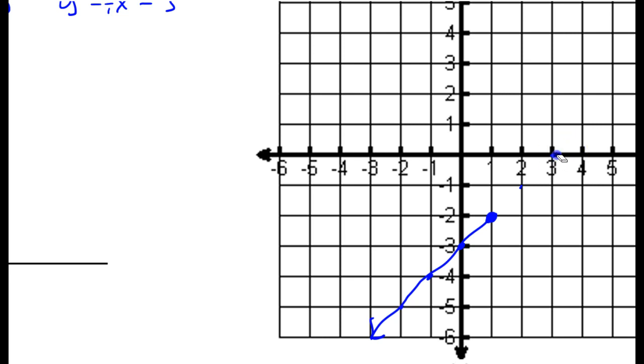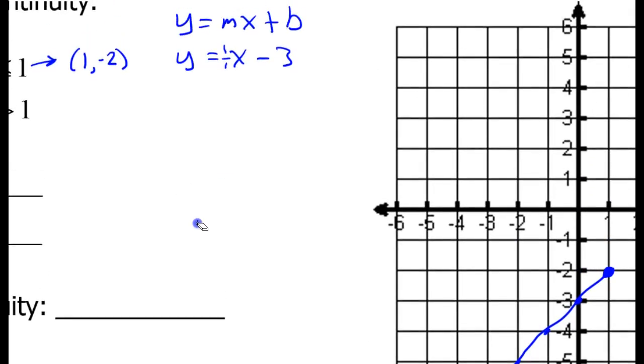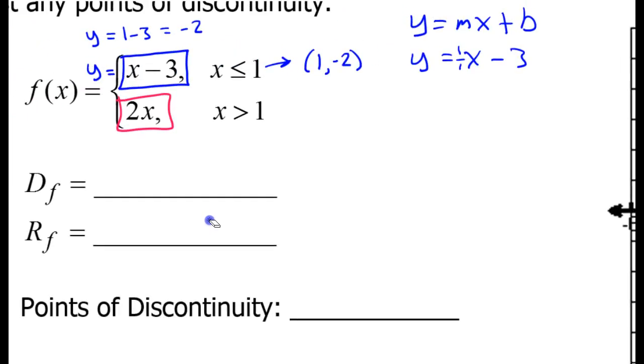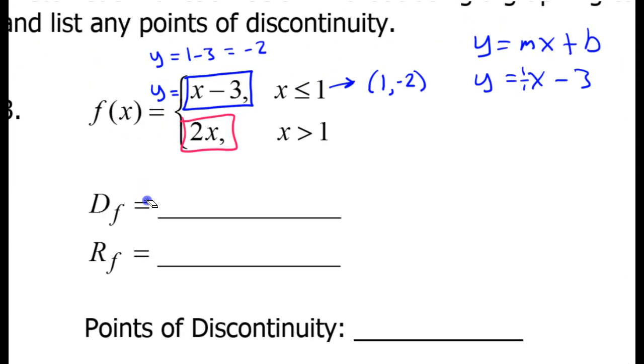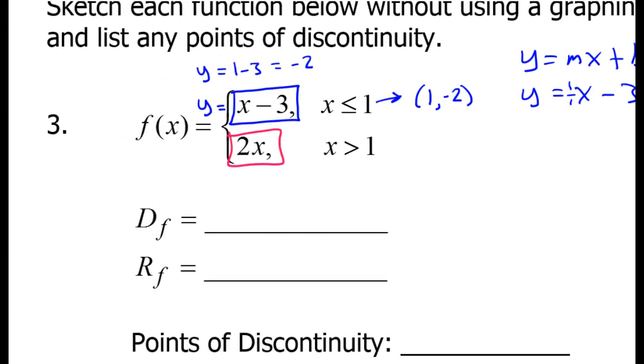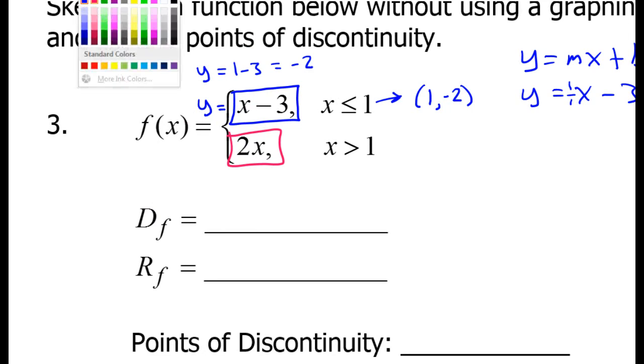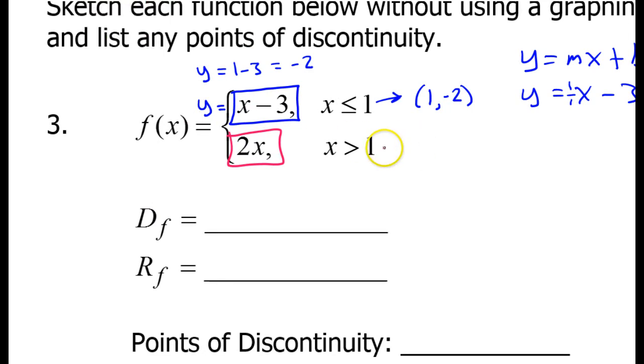All right, I'm just going to erase those little points that I drew as I was explaining the problem. So we're finished with the first piece. We have now graphed the first piece. So now we need to graph the second piece. So again, this value is going to give us the endpoint for this piece of the graph.